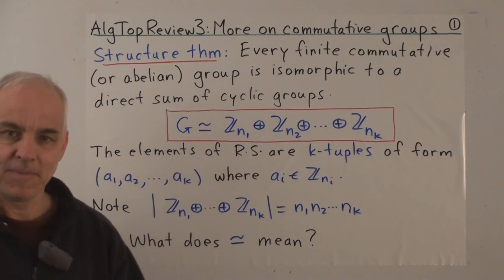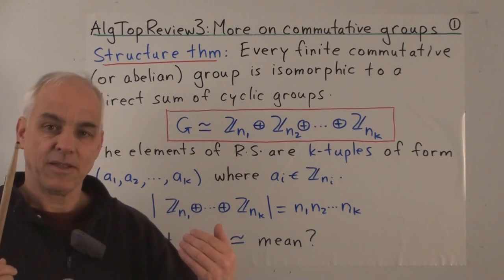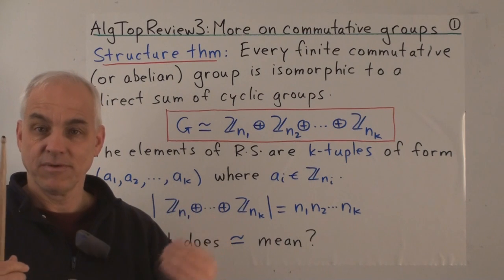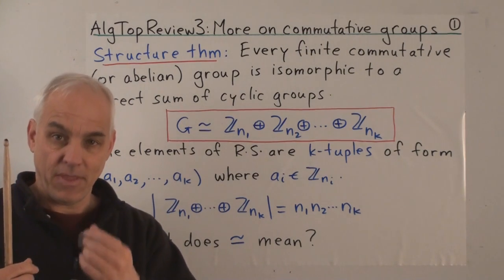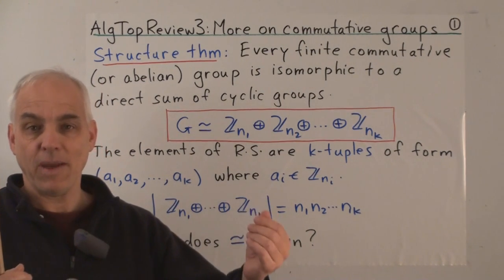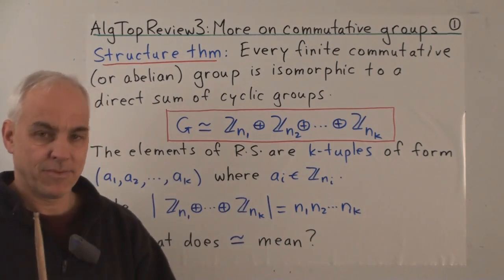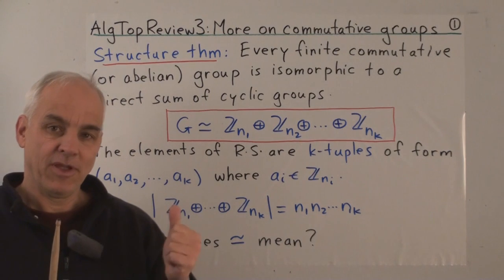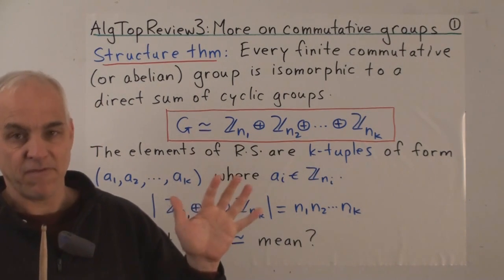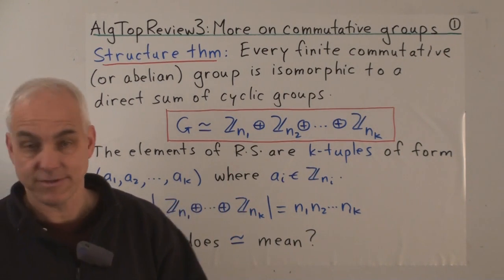Zn1, for example, can be thought of as just the natural numbers, including 0, and then 1, 2, 3, all the way up to n1 minus 1. So Z5, for example, is the set 0, 1, 2, 3, and 4, with altogether 5 elements.